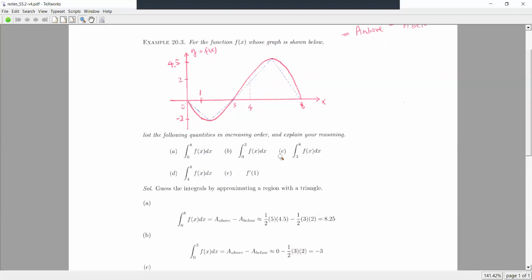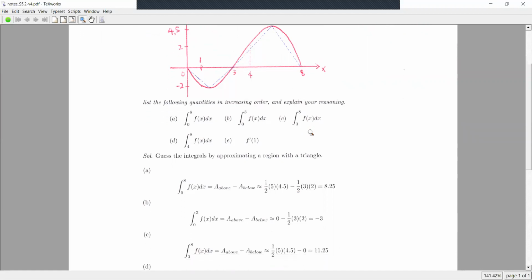Now, the third integral is from 3 to 8. This is the net area of the region from 3 to 8. This region has no part below the x-axis, so the area below the x-axis is 0.